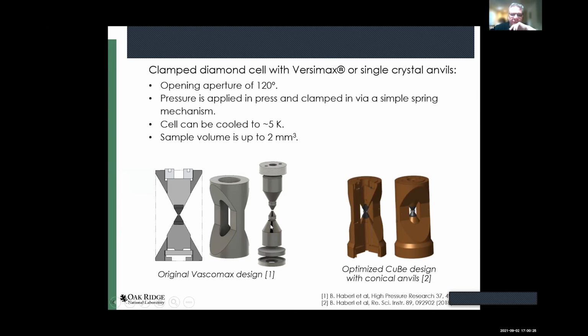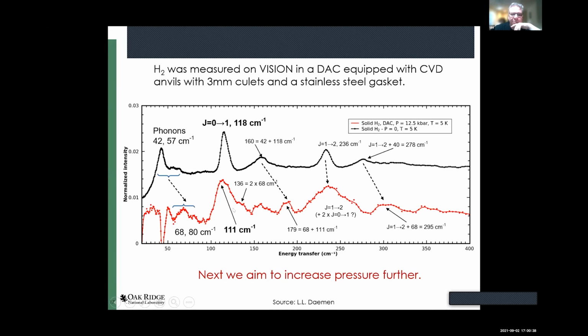We use both Versamax anvils and single crystal anvils here, and the sample is typically cooled to 5 Kelvin with a 2 cubic millimeter sample. And this is an example of hydrogen under a little bit of pressure. And here you're looking at energy transfer. So this is basically the phonon density of states.